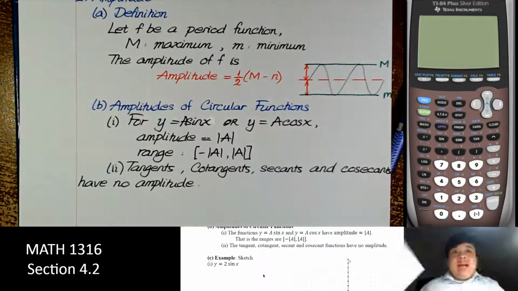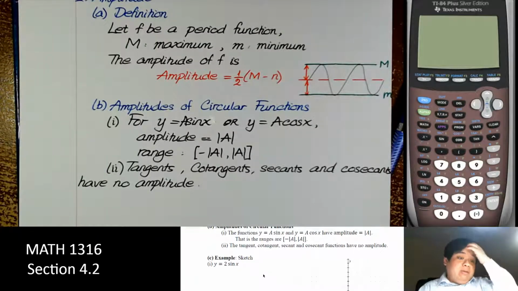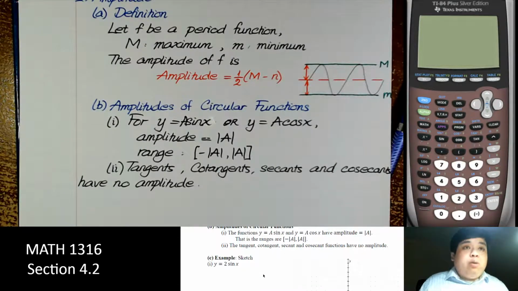We have to have a maximum and a minimum in order to have the amplitude. Secant, cosecant, tangent, cotangent don't have a maximum or minimum, therefore no amplitude.